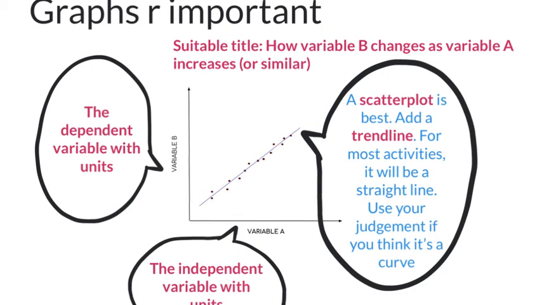So don't be too hard on yourself when you're doing it, but make sure you tell me what's going on. Now, make sure you put a title, not just A versus B. Give me a word, give me a sentence to say, oh, this is showing how amount of oxygen produced by a plant changes as the temperature changes, or something similar, something to tell me about what's actually going on.